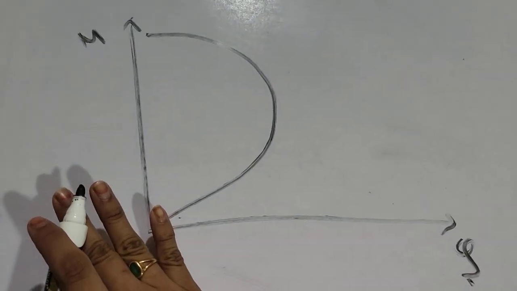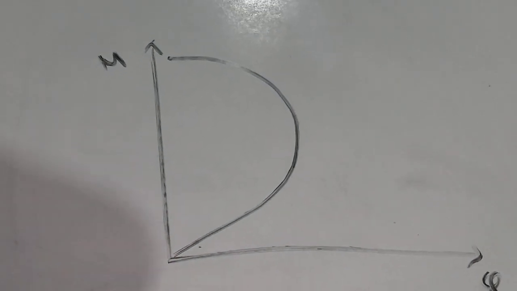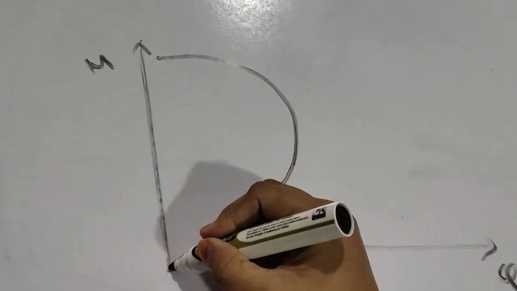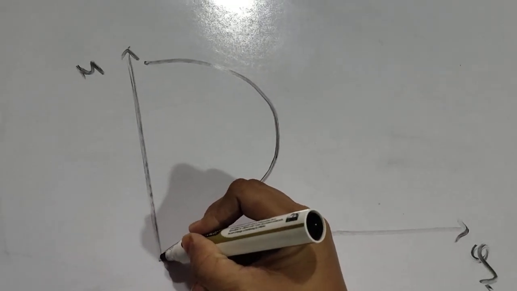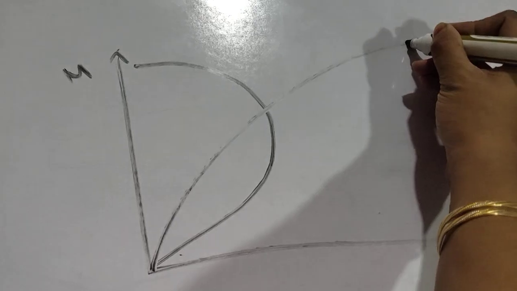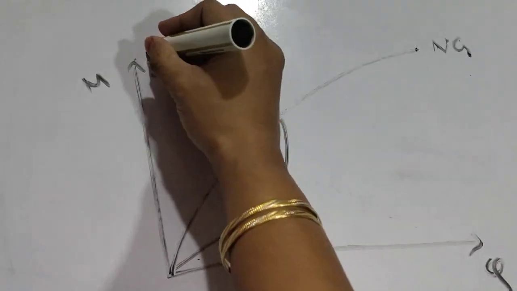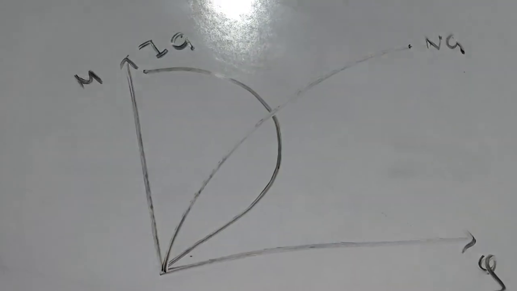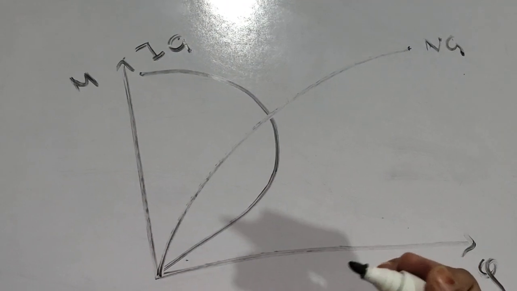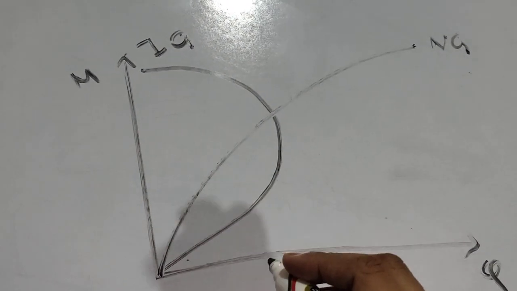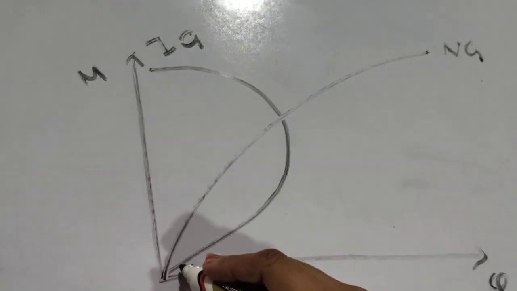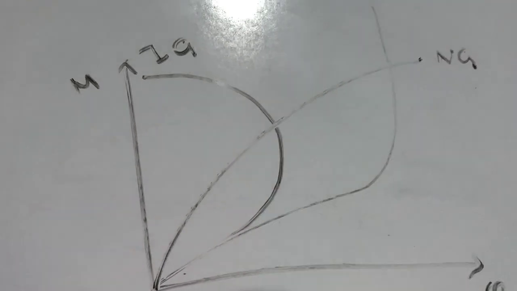That was one good, and then there were normal goods. Normal goods were such that as my income increases, my quantity demanded also increases. It's like this. This is my normal good. Then we have inexpensive necessities, right? Those inexpensive necessities increase, but after a point they become like a straight line, something like this.